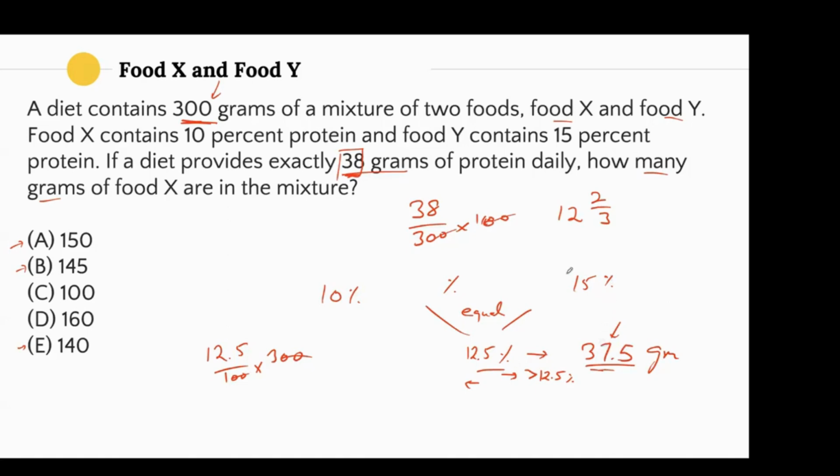Therefore, the food with more protein will be slightly more than the food with less protein. Right. Food Y will be more than food X. Which means food X will be less than half of the overall mixture. You get that? Yes. So which options can we already reject?